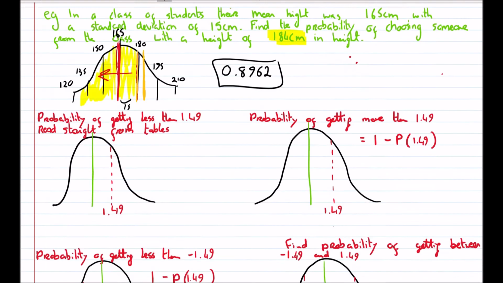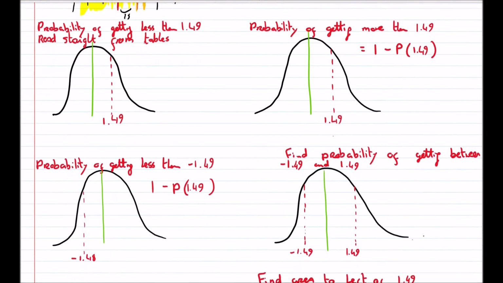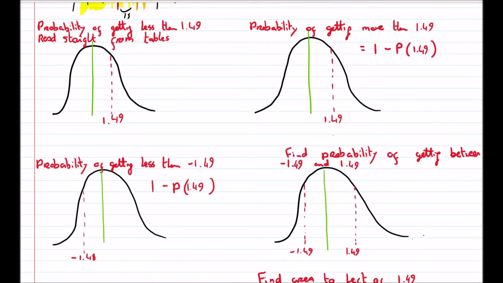Just one other thing. In both of the questions we had there, we had a z-score that was to the right of the mean, so it was higher than the mean, and we were looking to find the probability of getting less than that.